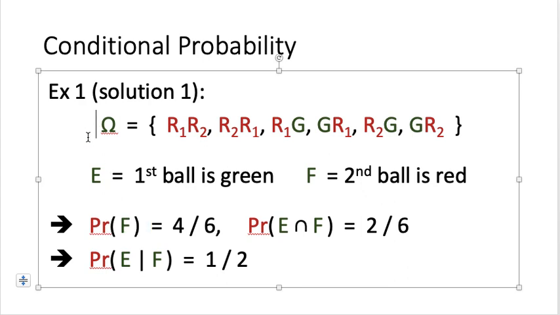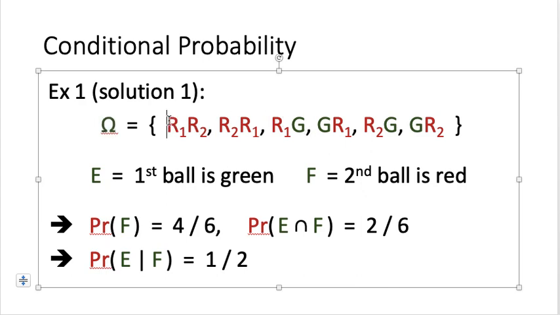So first of all, let's take a look at the sample space here. We are picking two balls from three balls altogether. 2 of them are red. To help our analysis, let us label the red balls as R1 and R2 and label the green ball as G. When we are selecting 2 balls, the possible outcomes are as follows.